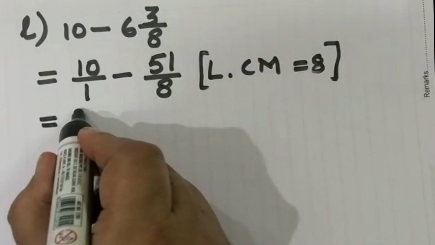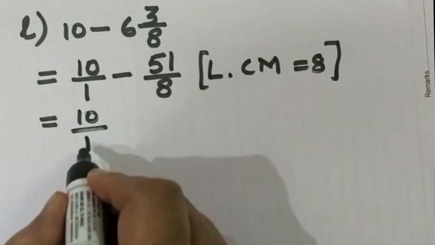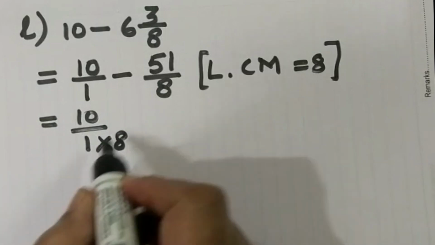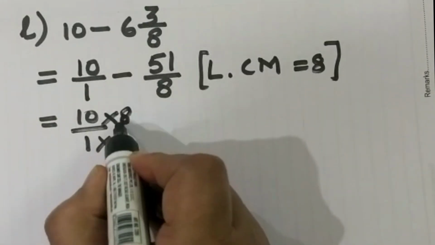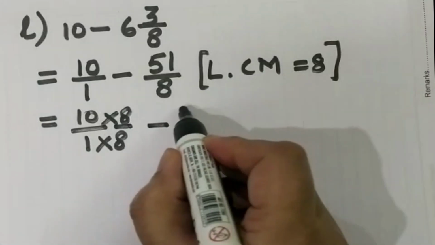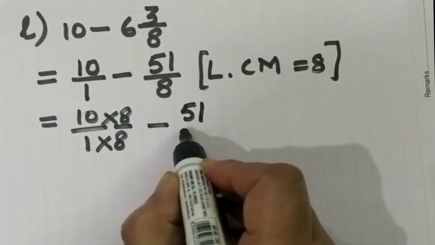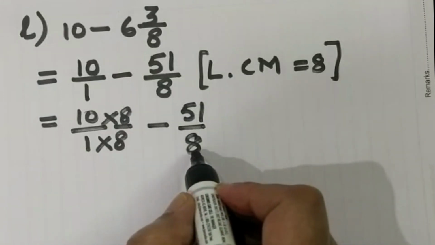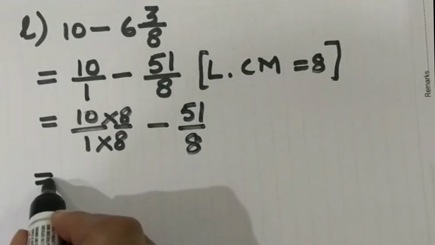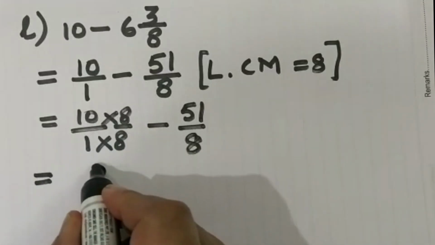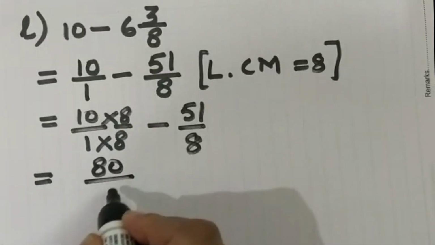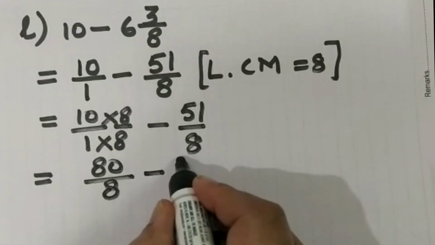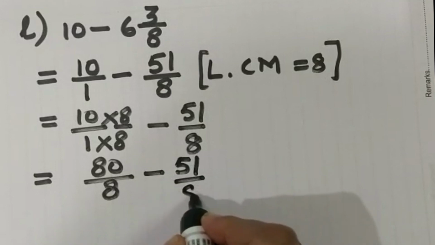Now the first fraction 10 upon 1. 1 multiply 8 is equal to 8. So 8 upon 8 minus 51 upon 8. Here the denominator is the same. So 10 eights are 80 upon 8 minus 51 upon 8.